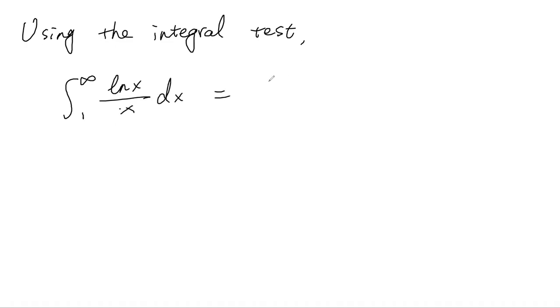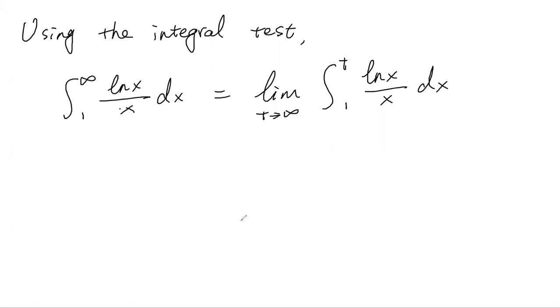By the definition of the improper integral, this is equal to the limit as t approaches infinity of the integral from 1 to t of natural log of x divided by x dx. If you use u substitution, you let u be natural log of x, then du is equal to 1 over x dx.